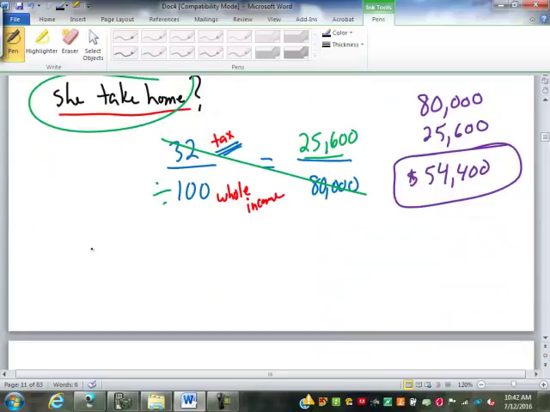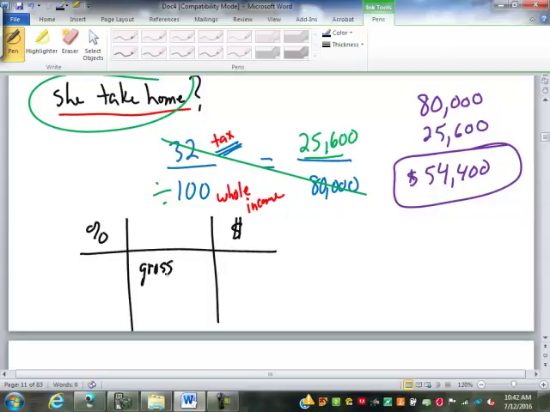Of course, the other way we could have looked at this, percents, dollar amounts, what we put in the middle here can be anything. We could say gross pay minus taxes equals take home. We know that the taxes are 32%. Where does the 100 go here?